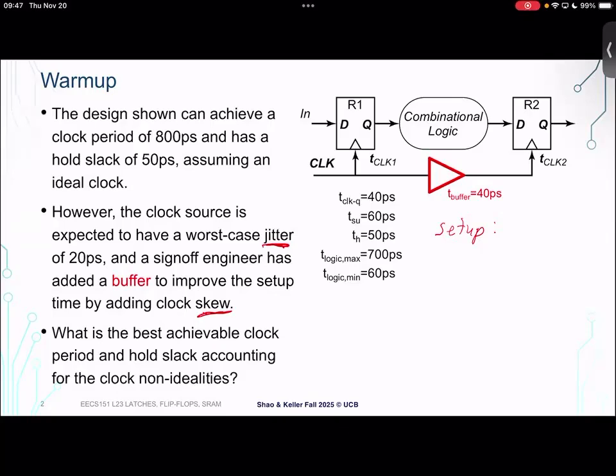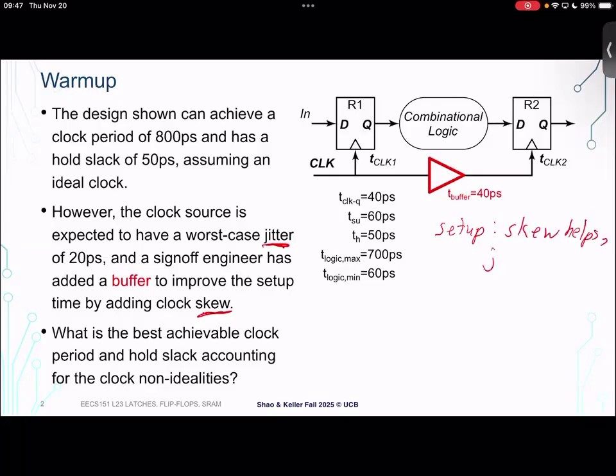Is that going to help or hurt our setup time constraint? Yes, it's a race between the data and the clock. The data needs to win, and we're delaying the clock, slowing it down. In this case, this is sometimes called useful skew. So skew helps.